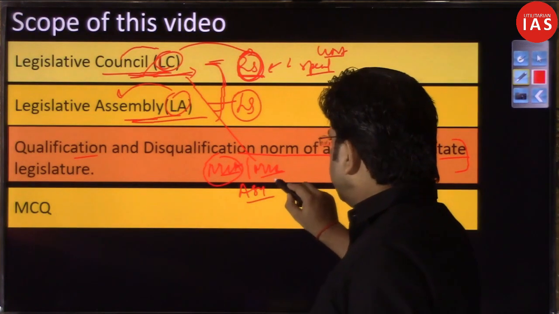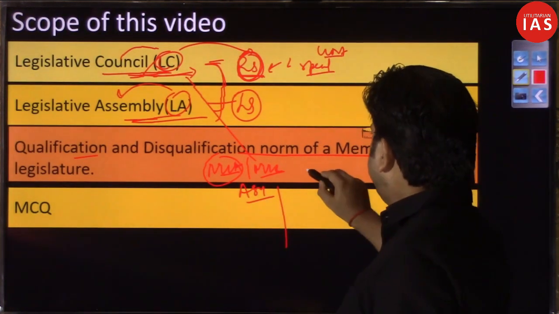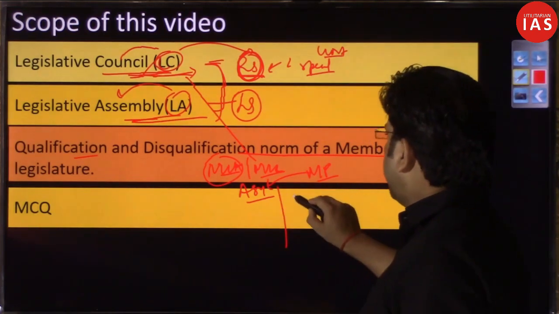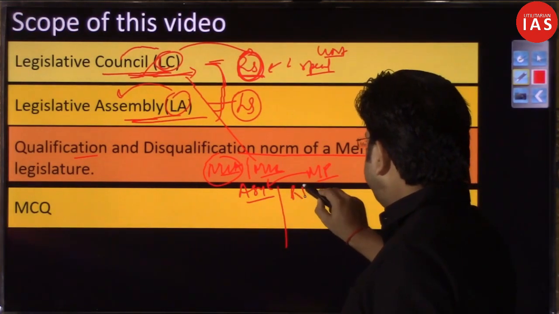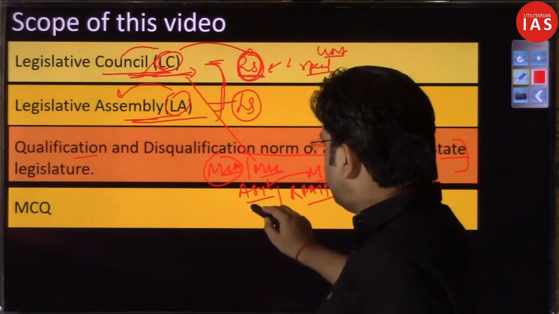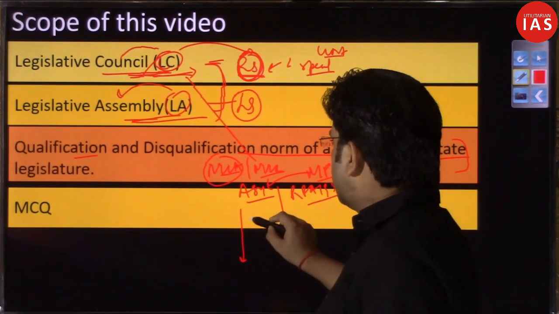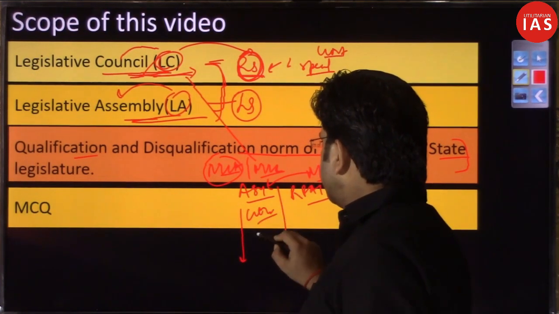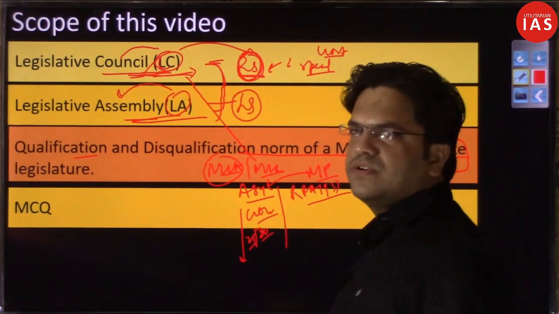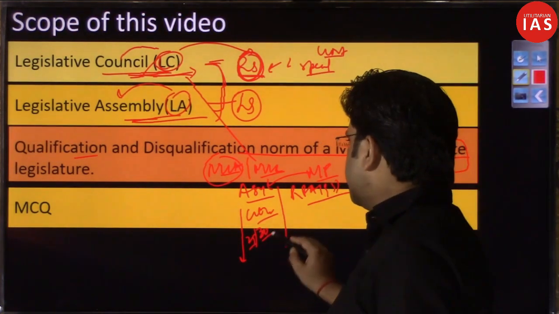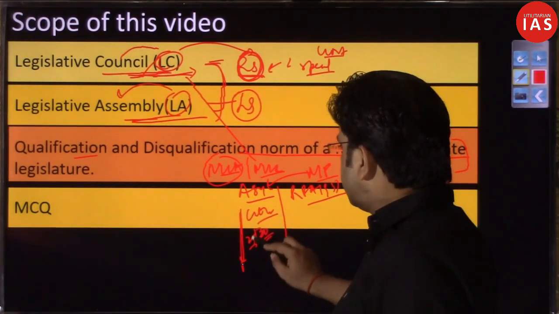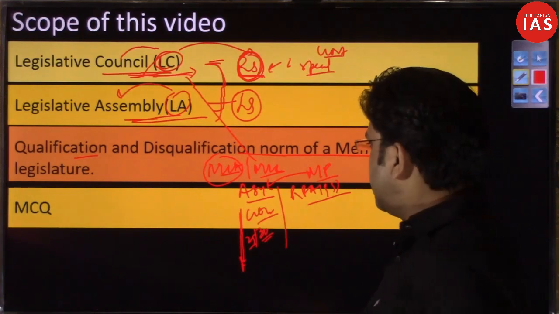If you remember, there are certain qualifications for a member of parliament mentioned in Article 84, and then you had the Representation of People's Act. So there are certain norms mentioned in the constitution: he should be a citizen of India, he should be of a certain age, in case of LS of this age, in case of RS, Rajya Sabha, of this age, then he should be ready to take an oath. Those kinds of qualifications are mentioned directly in the constitution.